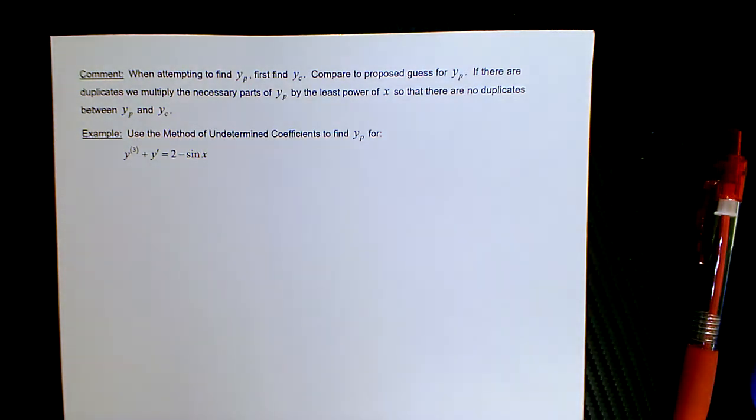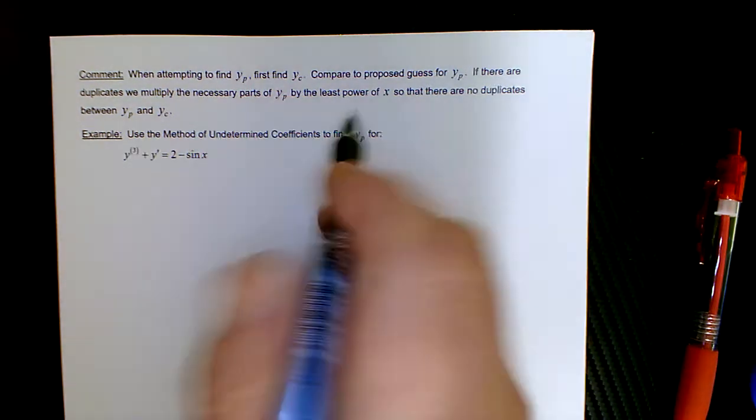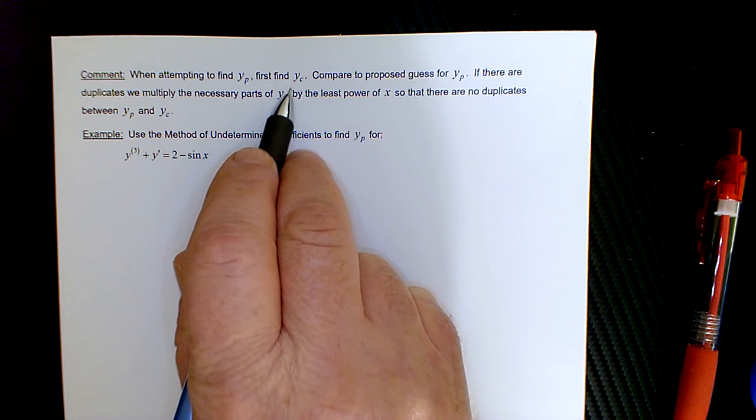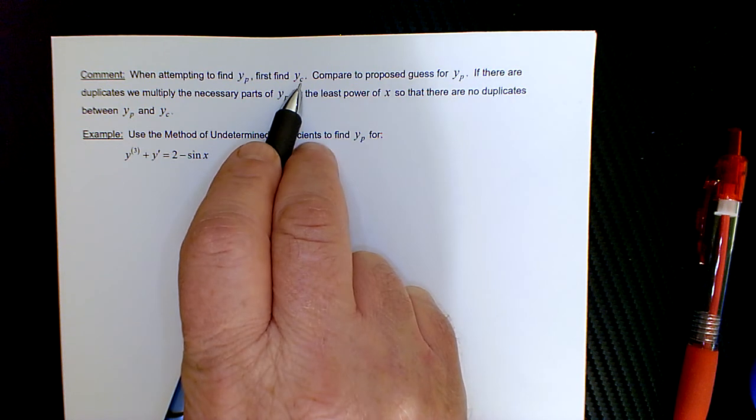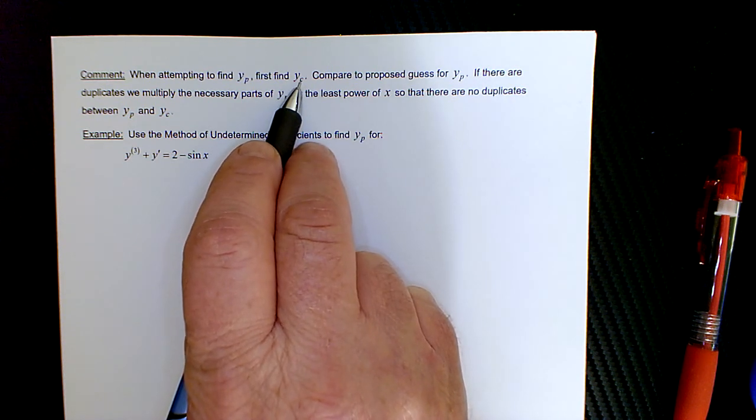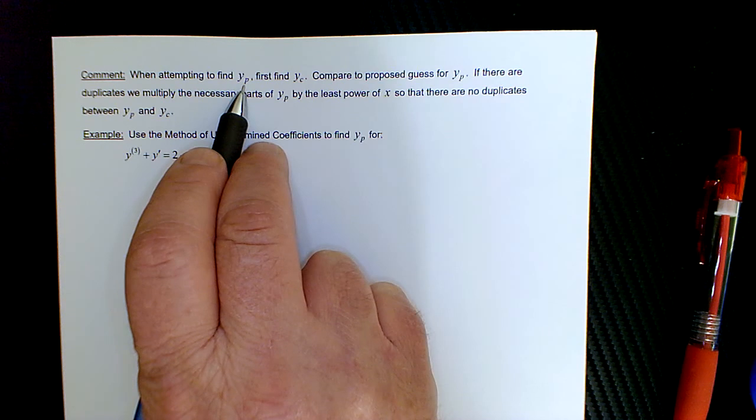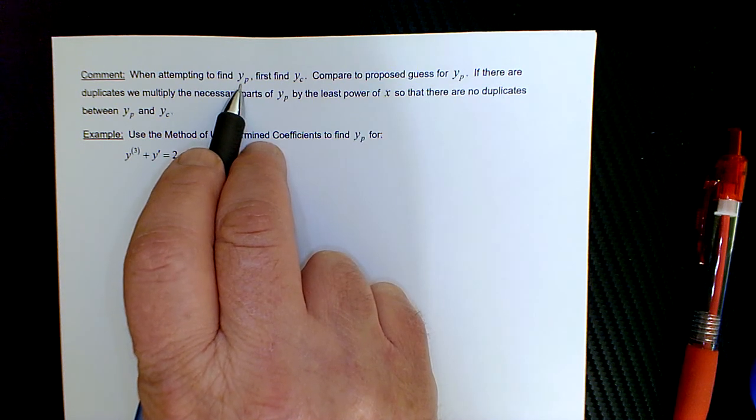Last time we saw how we can't have any duplicates between the complementary solution, which is the solution to the homogeneous differential equation, and our particular solution, which is our guess, to the solution of the non-homogeneous.